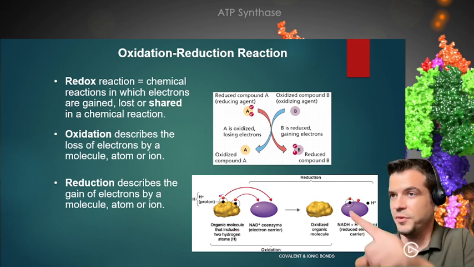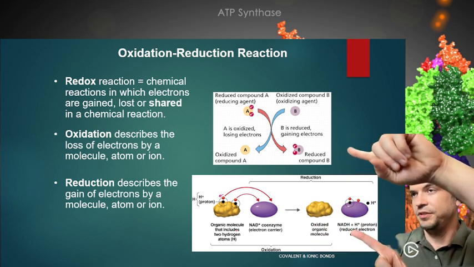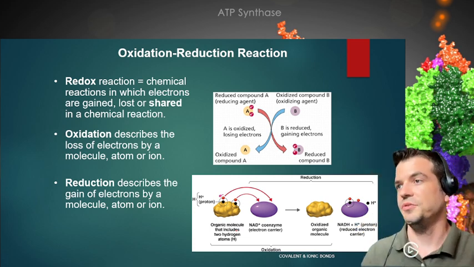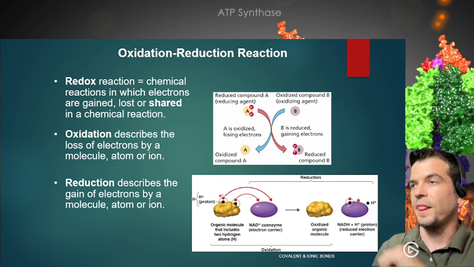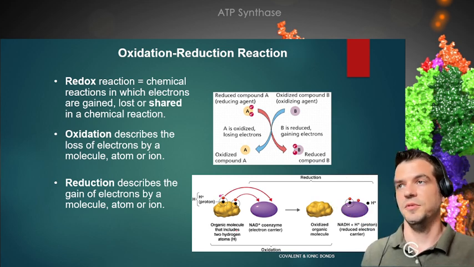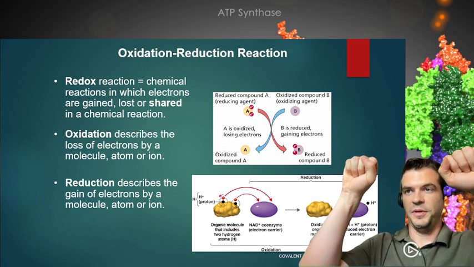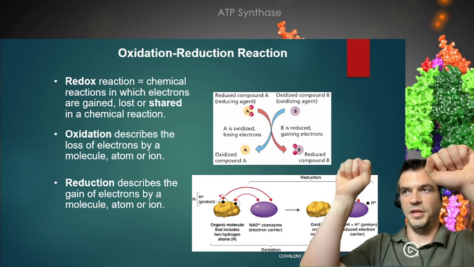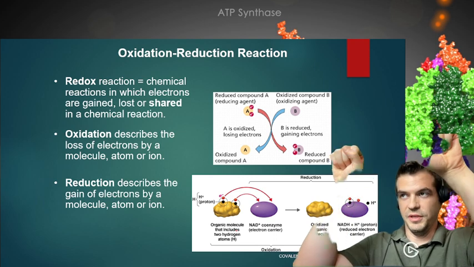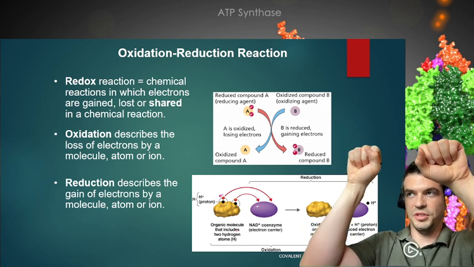Okay, and then here we have two nice graphs to illustrate that. In this first picture, we have two compounds. We're going to start with two compounds, and one of them has a higher redox potential than the other, so they're going to lose electrons.